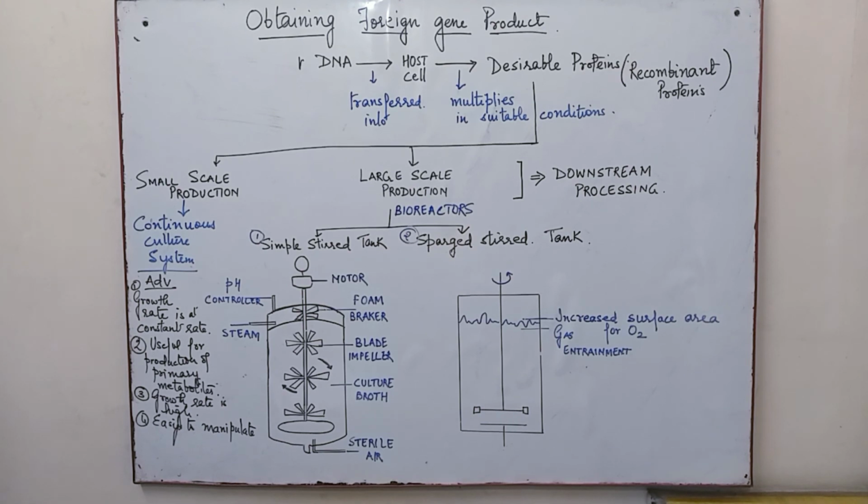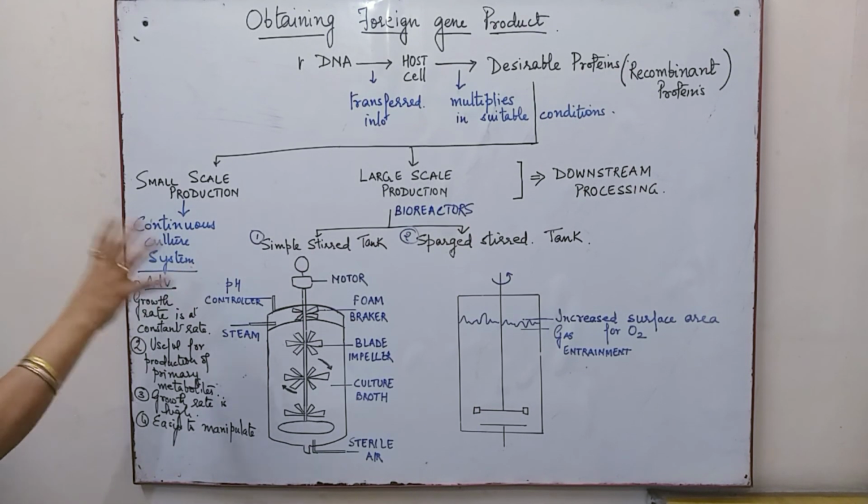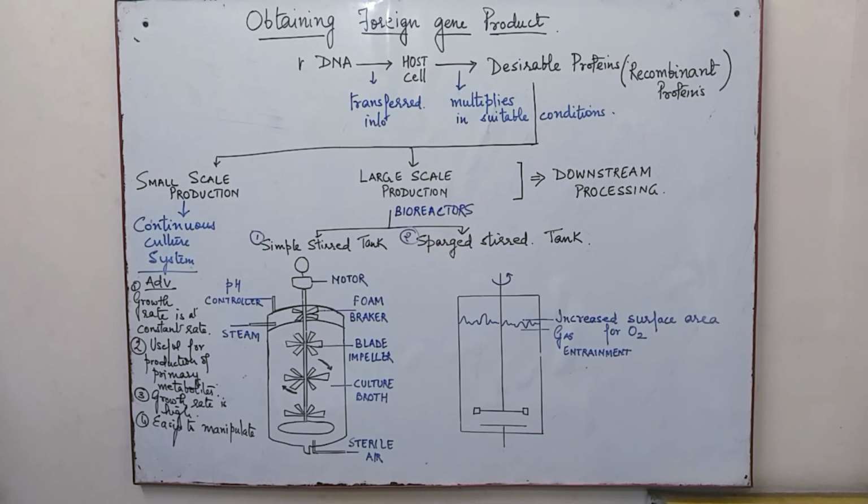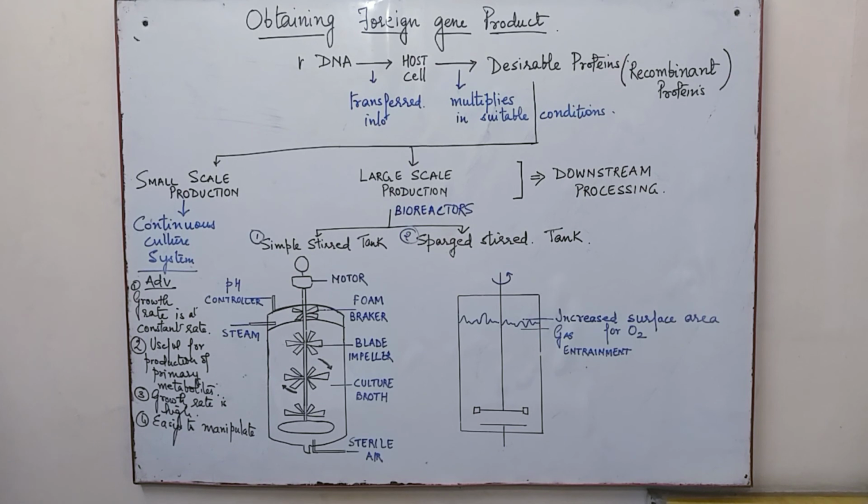After these two, that is the small scale production or the large scale production, after the product is produced, this product needs to be isolated and then purified. So then it is subjected to downstream processing. Downstream processing refers to a series of processes which are involved in the isolation and the purification of the products and their formulation with suitable preservatives.